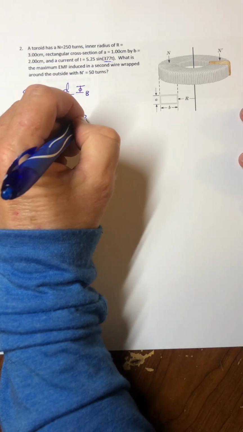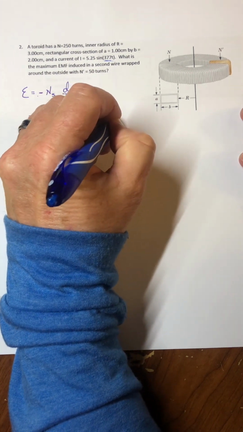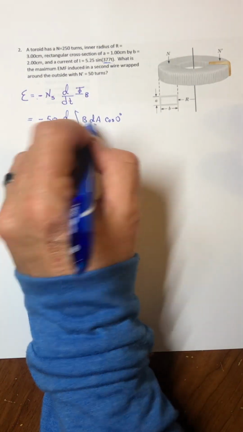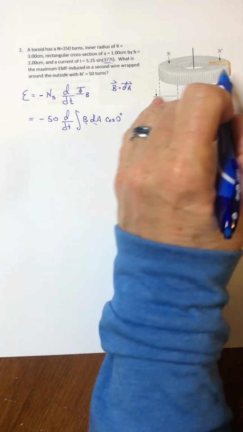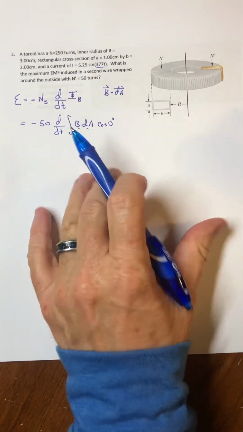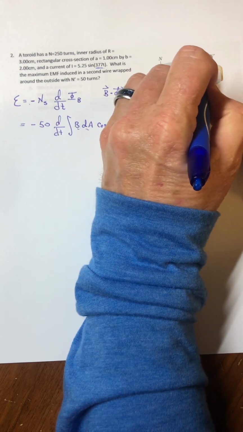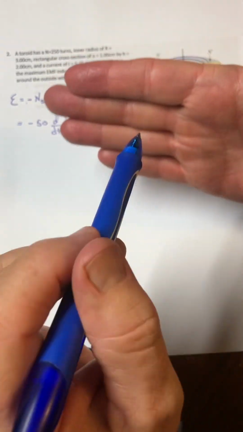Now, the flux needs us to first take this dot product, B dot dA. Remembering the direction of the magnetic field in a toroid, the field wraps around, and that's going to hit the surface of the secondary flat on, in the same direction as the normal.